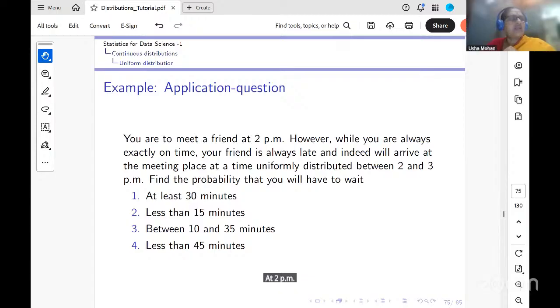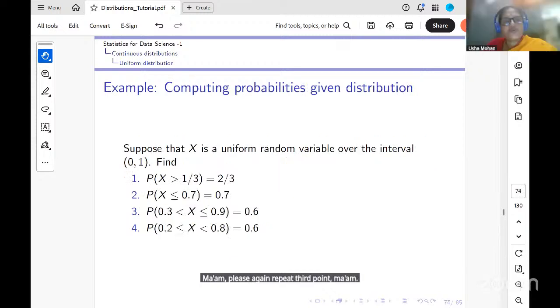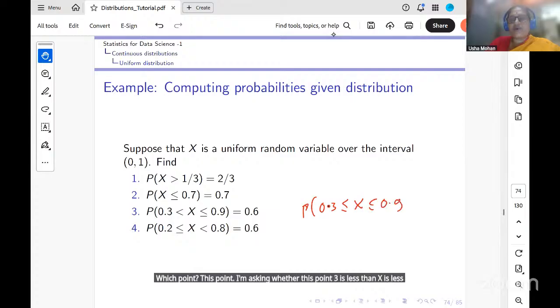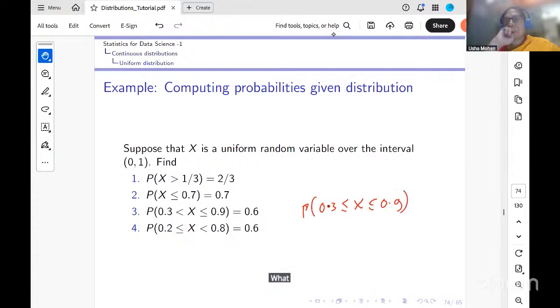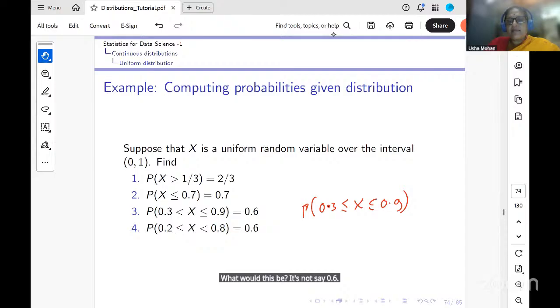Whether 0.3 is less than x is less than or equal to 0.9, what would this be? It's also 0.6, because for a continuous random variable, these two are the same.